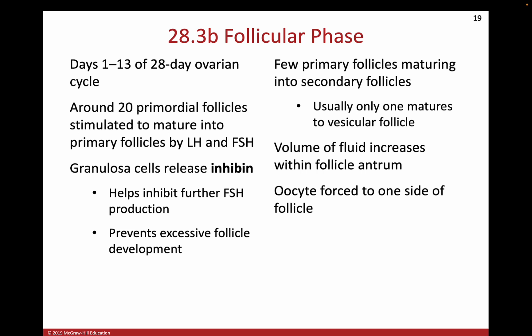This is a hormone that helps inhibit further follicle-stimulating hormone production, and it prevents the formation of excessive follicles. Few primary follicles actually mature into secondary follicles. Usually only one matures to a vesicular follicle, and during this phase, the volume of fluid increases within the antrum of the follicle.